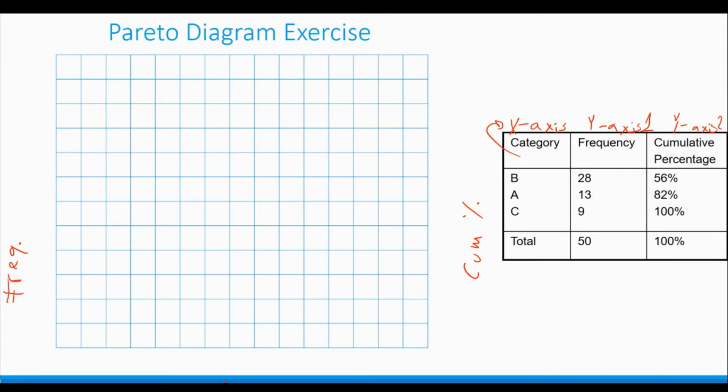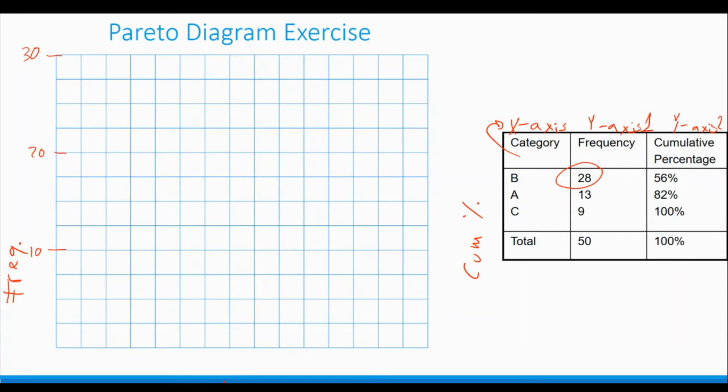All right. So one thing that's important to be careful about is whatever scale you use, just be consistent. So for frequency, I see that my highest frequency is 28. So I'm going to call every 4 squares 10 units for my frequency. So this is 10, this is 20, and this is 30.